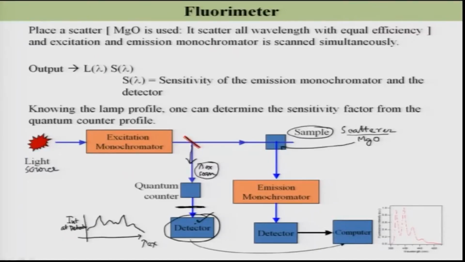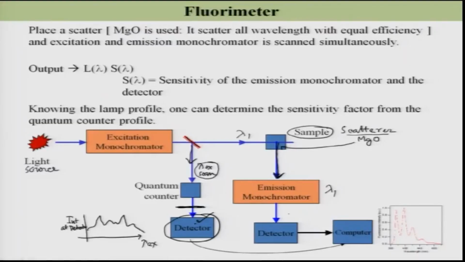So, when this excitation light falls on this scatterer, the scattering will take place in almost all directions, and the scattering intensity will also come in this direction. That means, if I set the wavelength of excitation as lambda 1, I only get the signal in the detector when the emission monochromator is also set at lambda 1.